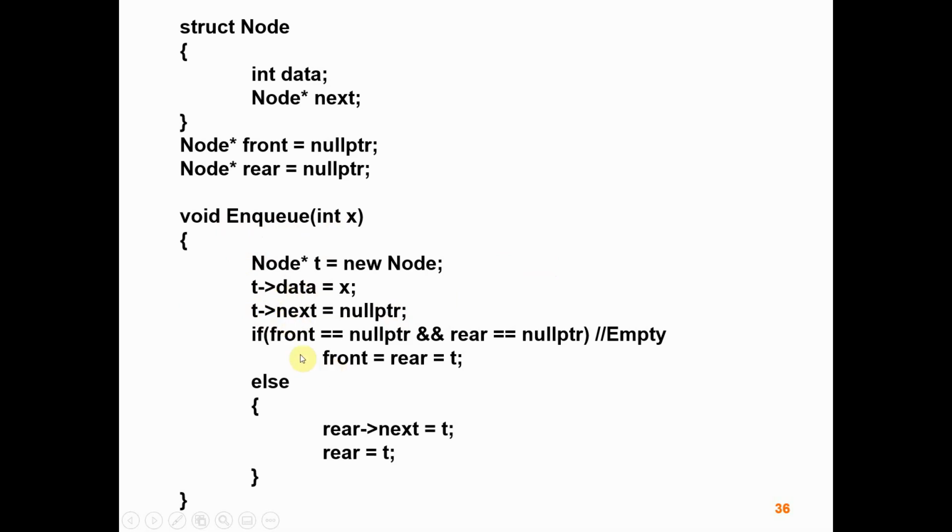Here we don't have to check if the queue is full, because we don't have that concept; we allocate nodes as we need. The only part that might cause us trouble would be if we don't have enough memory. If that's the case, the standard template library would throw a bad allocation exception.